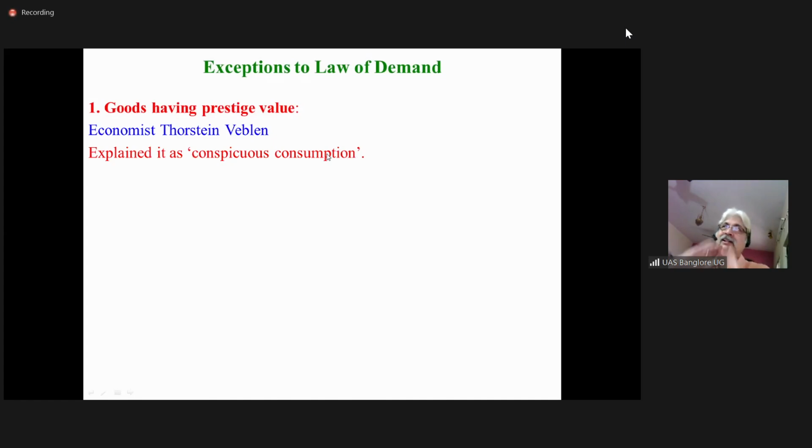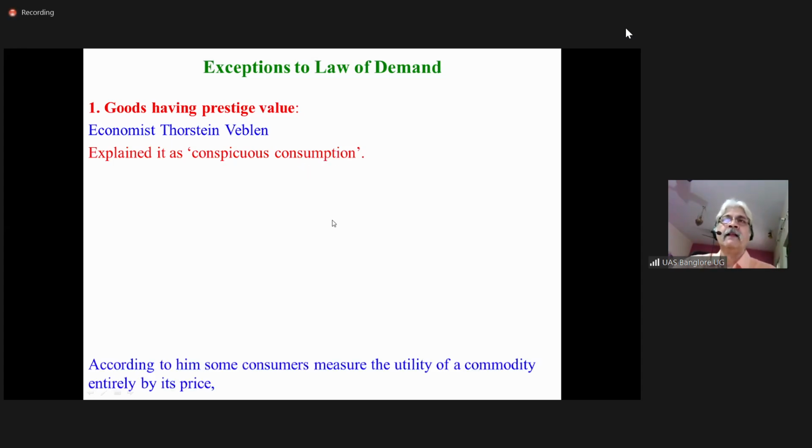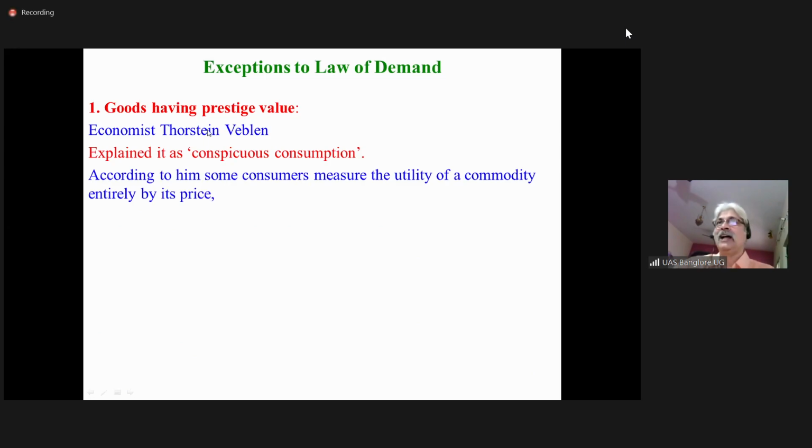Conspicuous means which is very much visible. Conspicuous consumption. According to Thorstein Veblen, some consumers measure the utility of a commodity entirely by its price. If it is costly, we think it has more utility if you're wealthy.